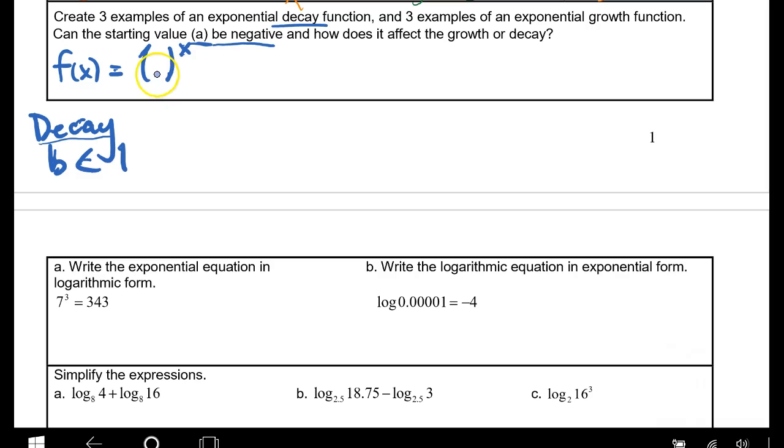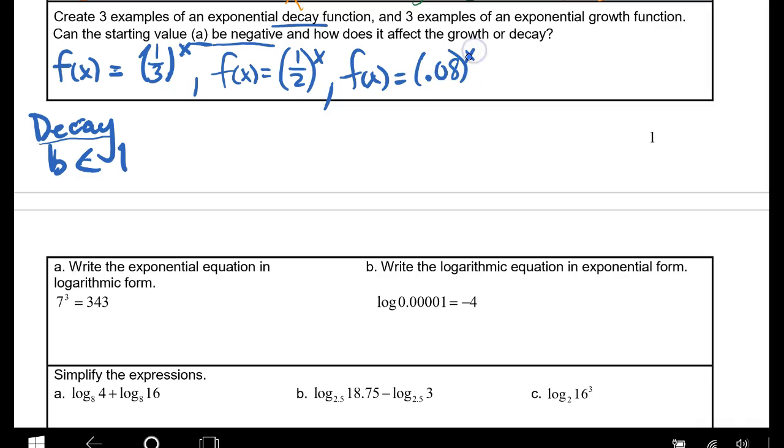You could choose a decimal, you could choose a fraction, as long as it's less than 1. So one example would be 1 over 3. Another example would be, let's say, f of x equals 1 over 2 raised to the power of x. Another example would be f of x equals 0.08 to the x. Those are all numbers that are less than 1 for our b value.